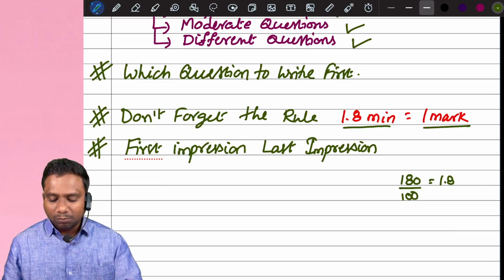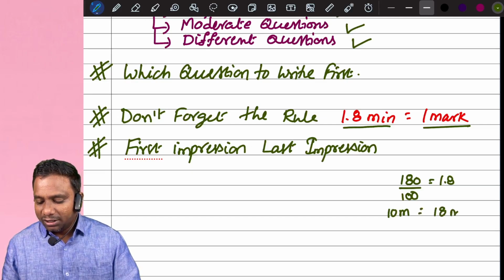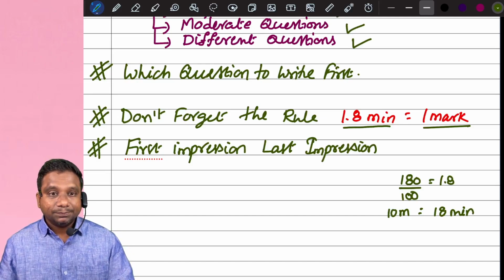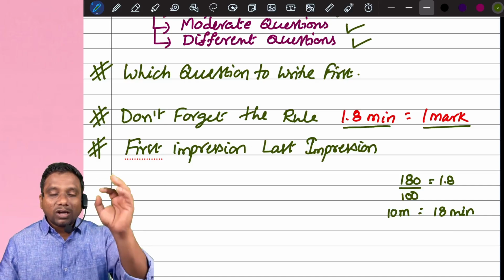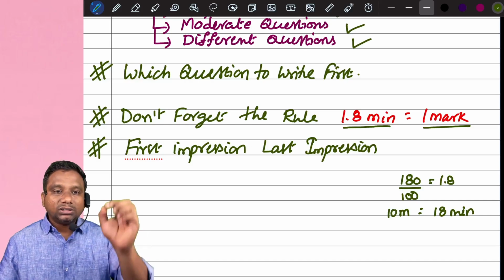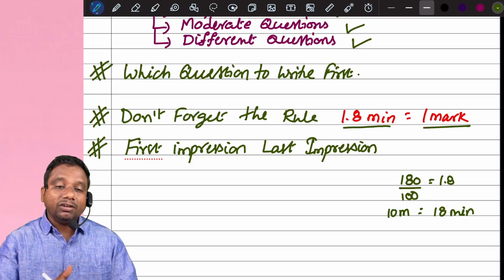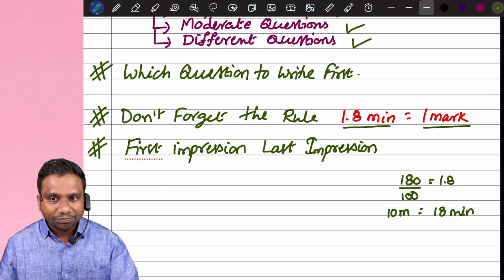Suppose a 10 marks question is given, you have to attempt it within, sorry, 18 minutes. Within these 18 minutes you have to draw the required formats, the required working notes and calculations, the writing part, everything, and verification also. Verification also you have to complete within this time.